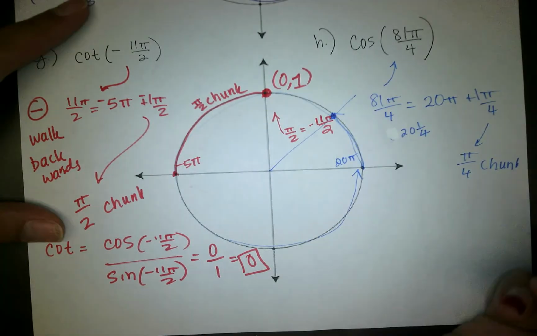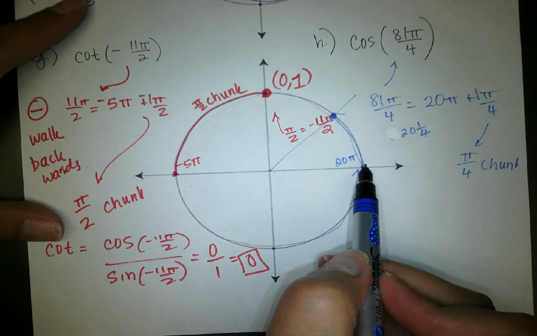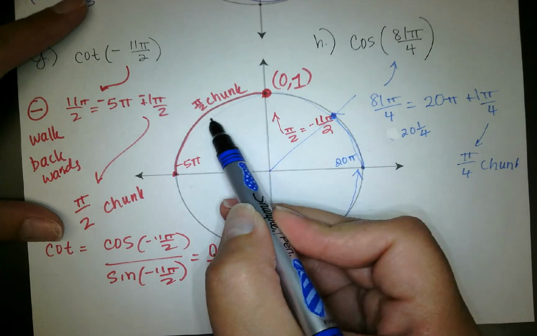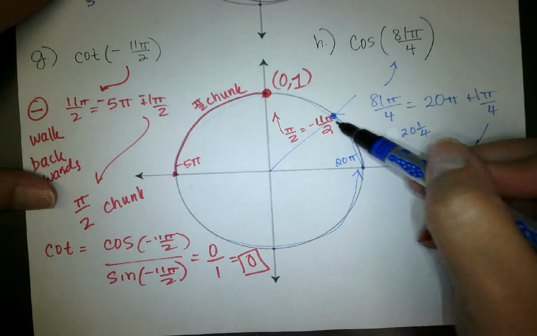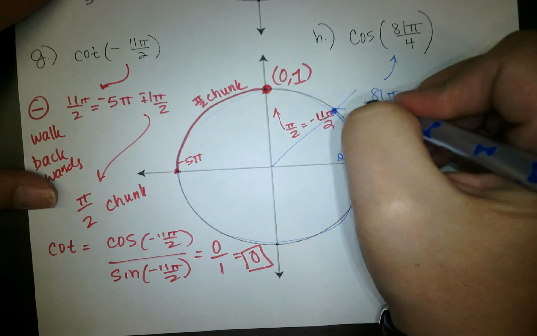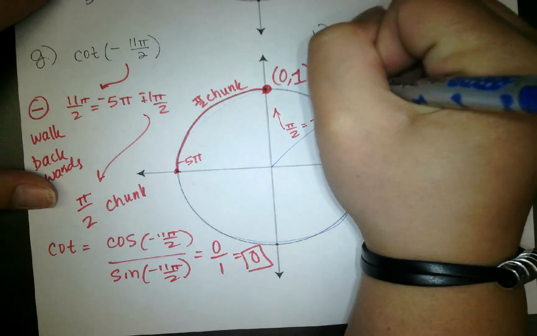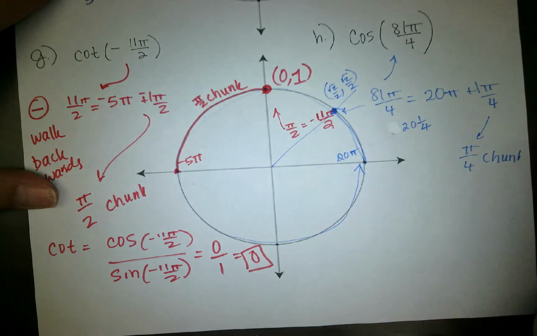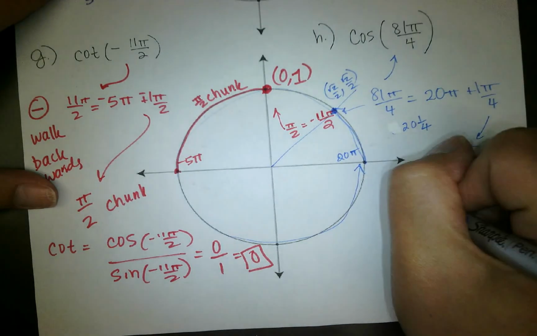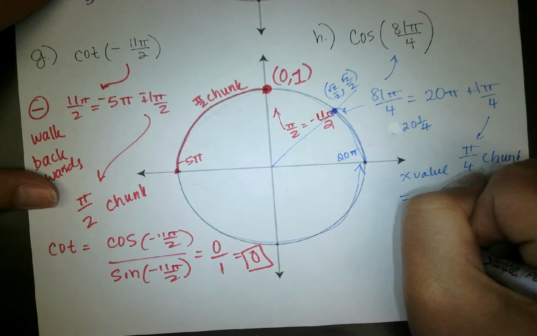If I wanted to do 3 pi over 4, I would do 1 chunk, 2 chunks, 3 chunks, and it would be there. But there's my last 1/4 of a chunk. So 81 pi over 4 is right there. What are my GPS coordinates at that famous spot? Square root of 2 over 2, square root of 2 over 2. So my cosine value is my x value. Square root of 2 over 2 is it.